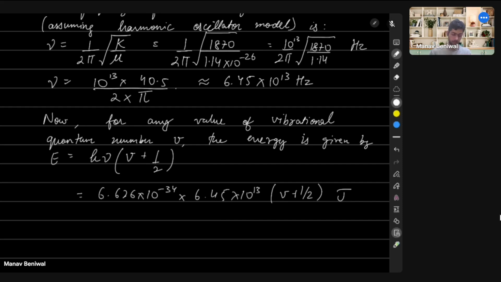So if we multiply, these things become 4.27 × 10 to the minus 20 times V plus half.